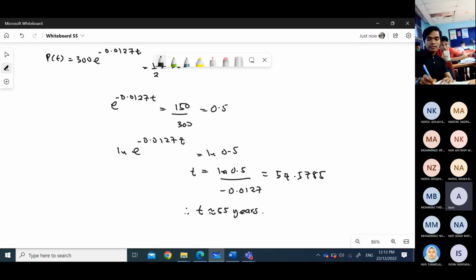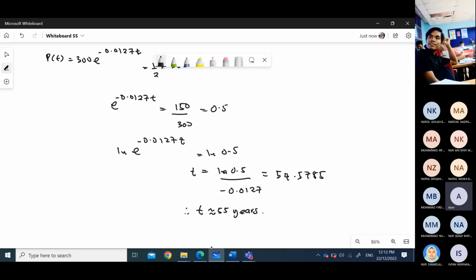Hampir lebih kurang 55 tahun. Okay, so it is approximate to 55 years to reduce the radioactive to the half.